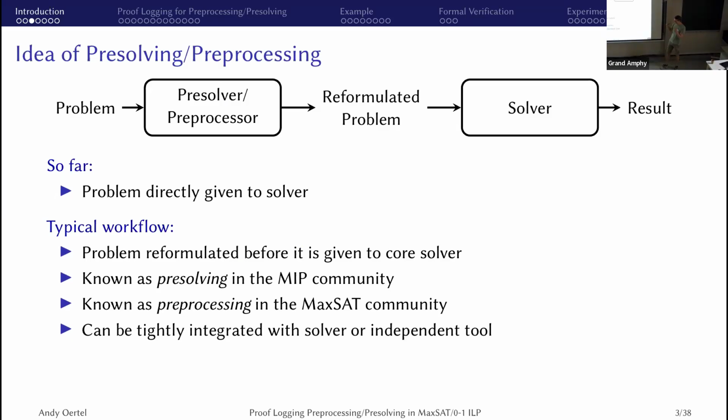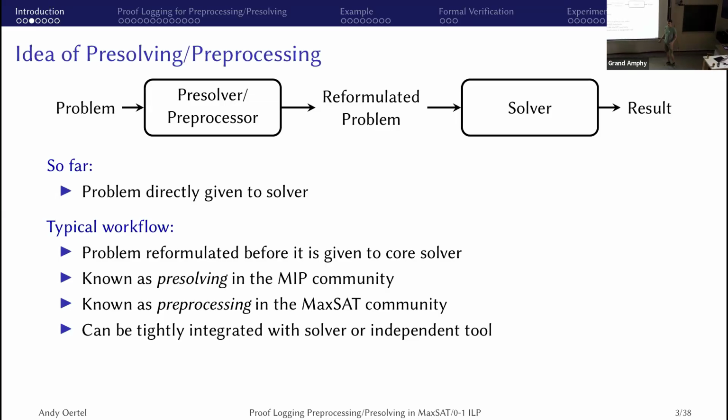The two names come from the two communities that came up with these techniques. In the MIP community, this reformulation is known as presolving, and in the MaxSAT or SAT community, it's known as preprocessing, but essentially it's the same thing.